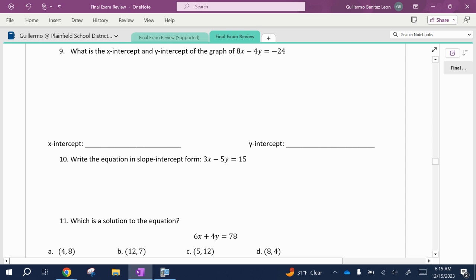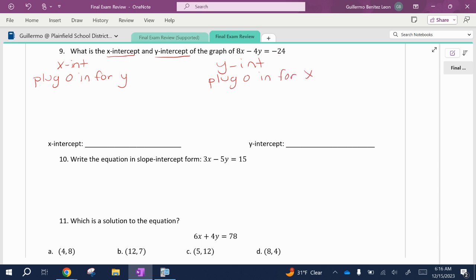To find the x-intercept, we plug 0 in for y. To find the y-intercept, we plug 0 in for x.